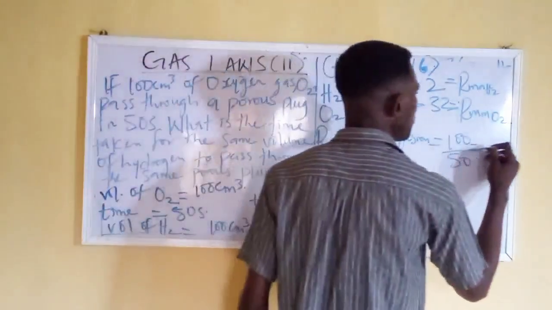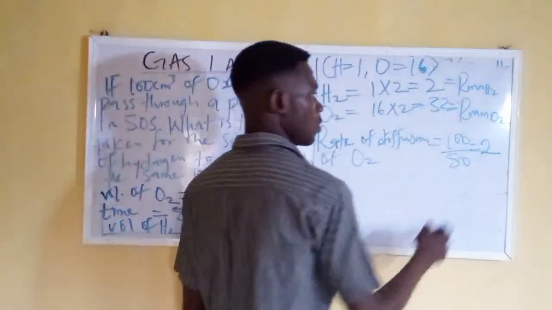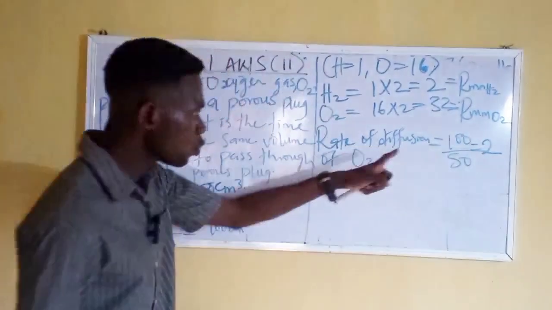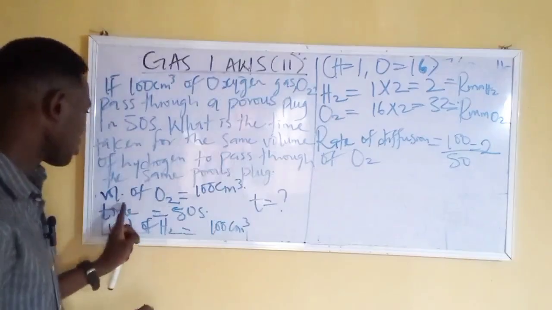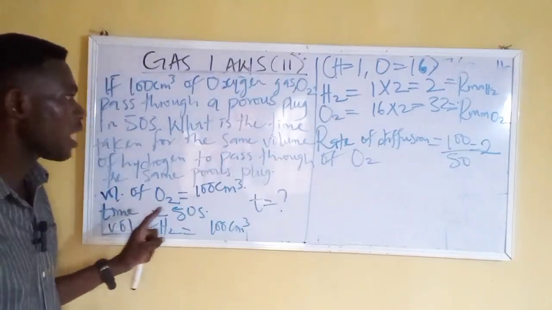So this is going to give you 2. Now we have this for oxygen. So our R, the rate of diffusion for oxygen, is given as 2.